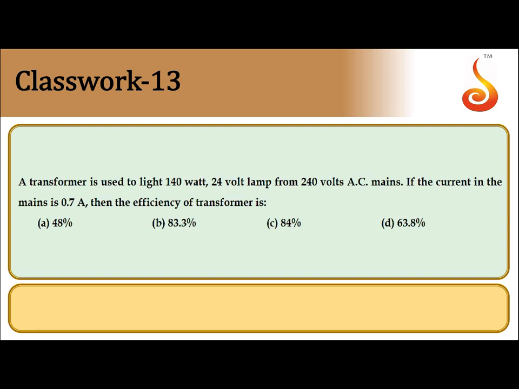A transformer is used to light a 140 watt 24 volt lamp from a 240 volt AC mains. If the current in the mains is 0.7 ampere, then the efficiency of the transformer is. Efficiency eta is given by output power divided by input power.